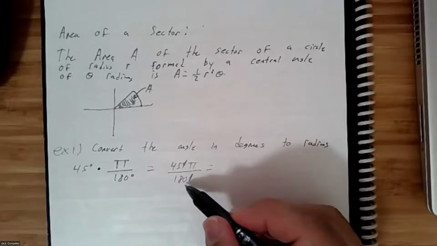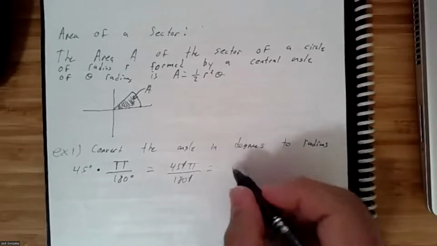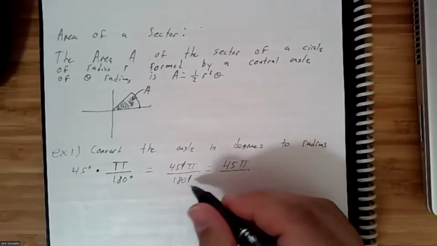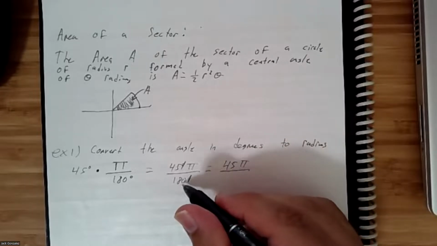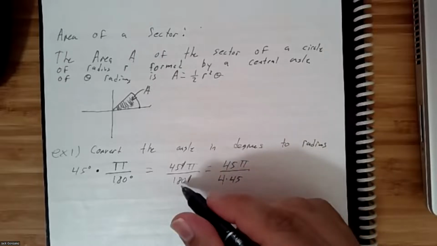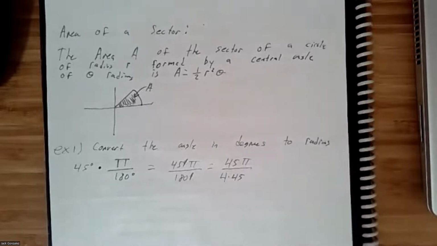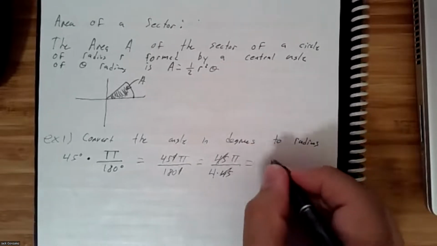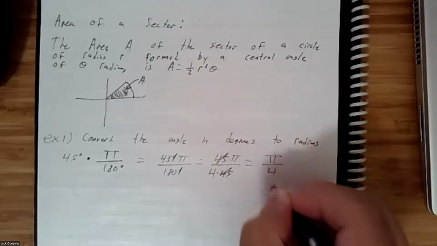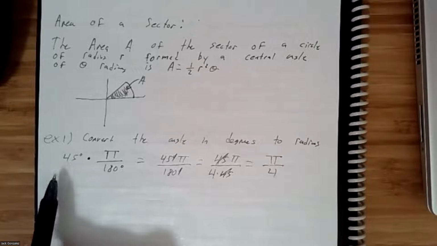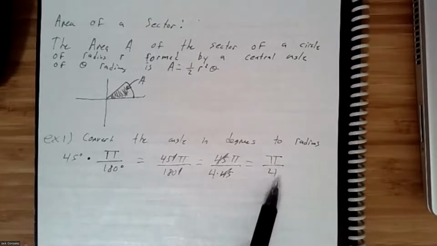How many 45s go into 180? 4, right? Because 4 times 45 is 180. So these will cancel, and this is the radian form of this 45-degree angle. Any questions on conversion?